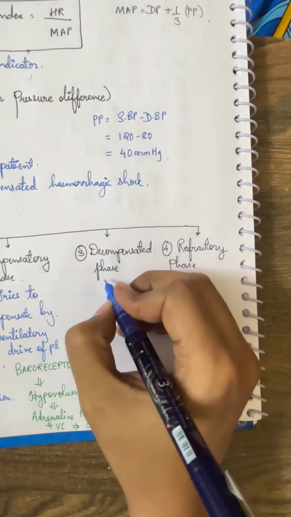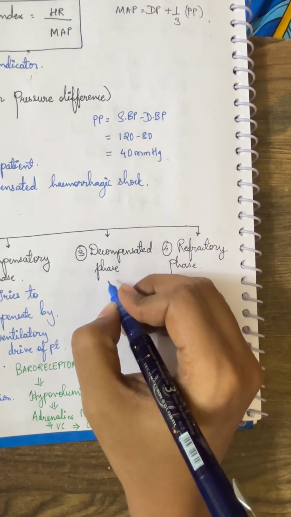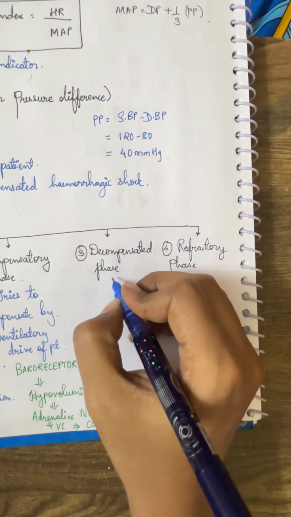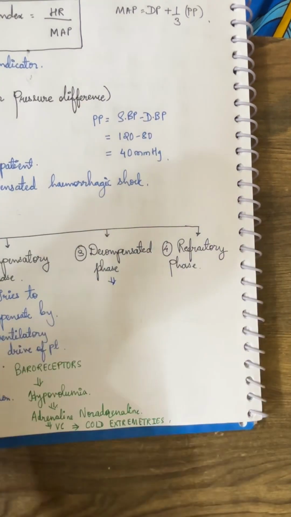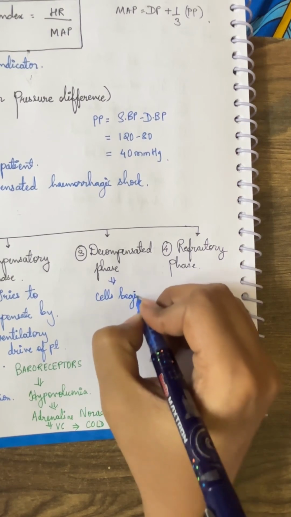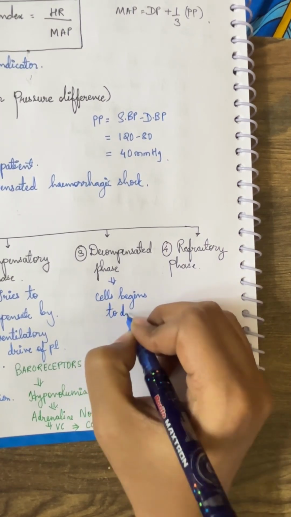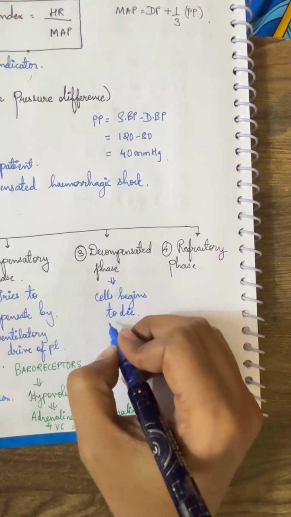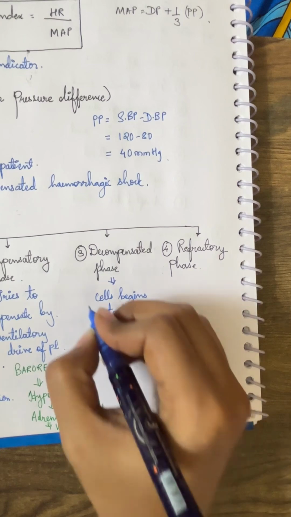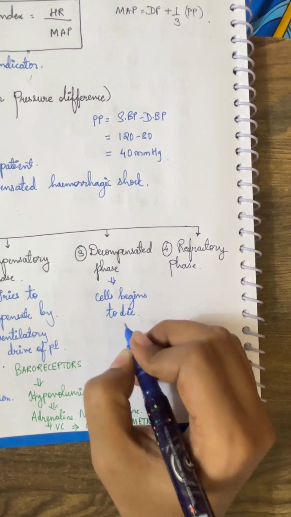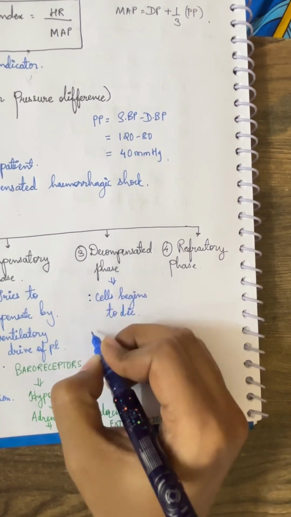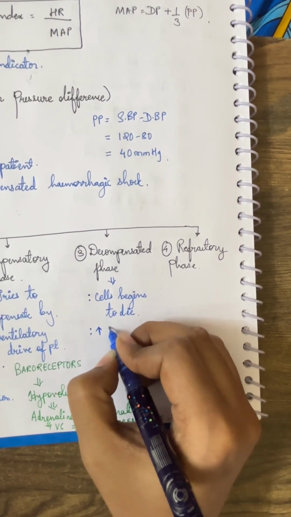So what happens in the decompensated phase? If the shock progresses into the decompensated phase and is not corrected, cells begin to die and secrete potassium into the blood, so there is an increase in the amount of potassium.